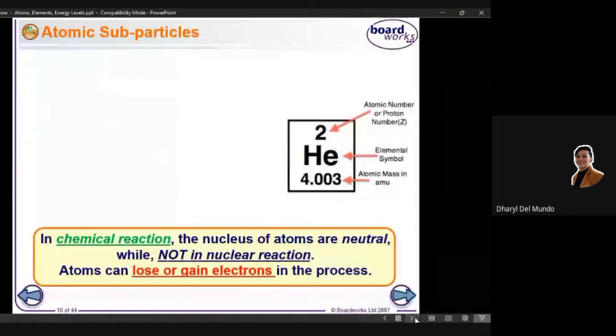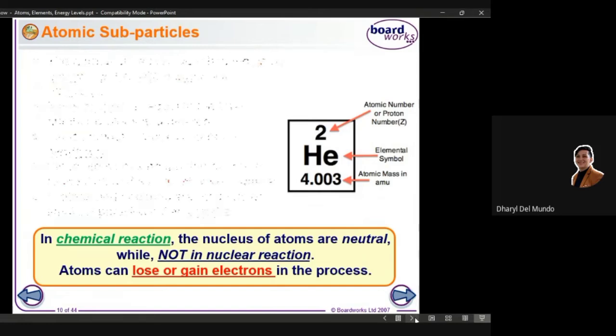Okay, and this is the structure of one cube of an element in the periodic table. You can see there the atomic mass, the elemental symbol, and the atomic number. And also some of the cubes in the periodic table of elements have their name.